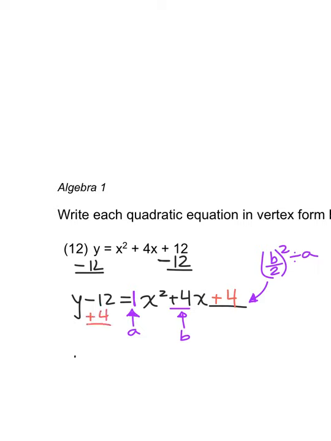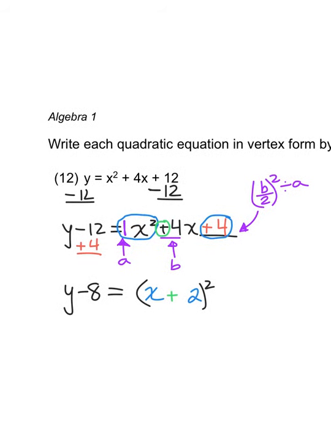So on the left-hand side, we have y minus 8. On the right-hand side, we have a perfect square trinomial. After you complete the square, you may have to factor out a leading coefficient, but in this case, because the leading coefficient is 1, we don't have to worry about that. So I'm going to factor by taking the square root of my first term and my last term, only if they're perfect squares, carrying down the middle sign, and writing it as a binomial squared.